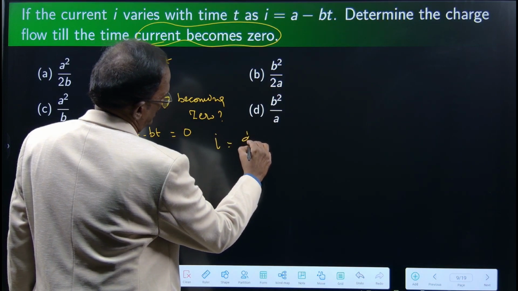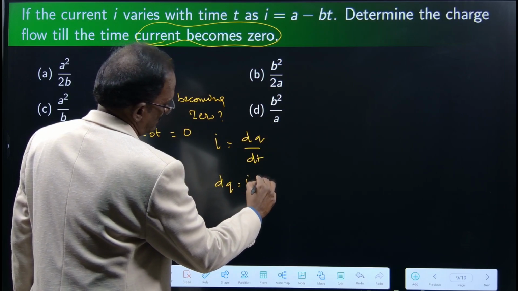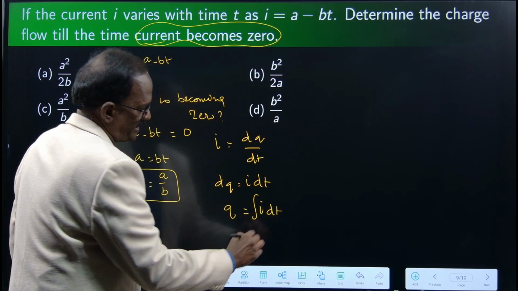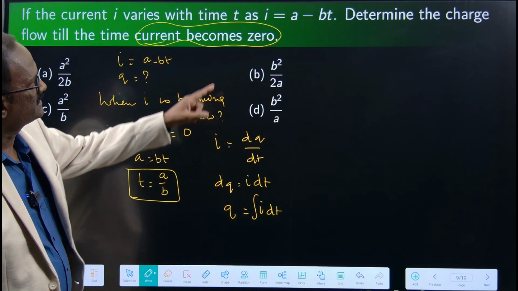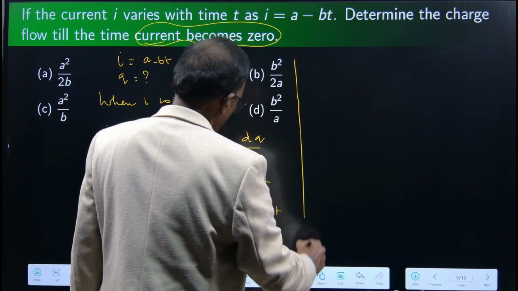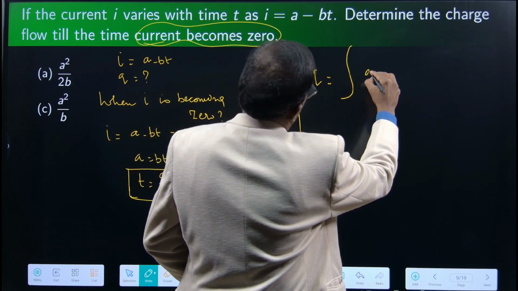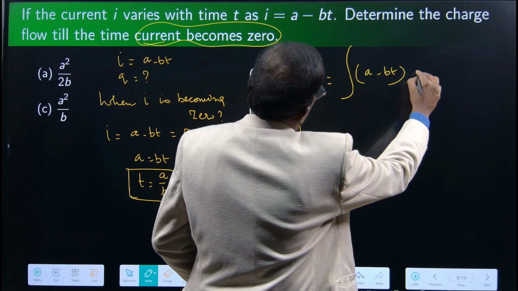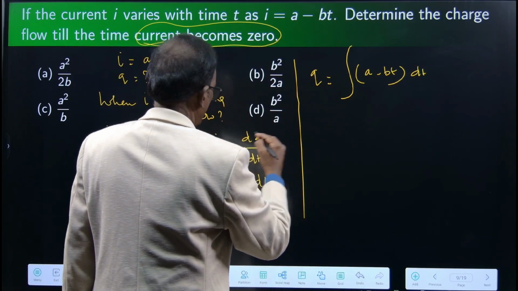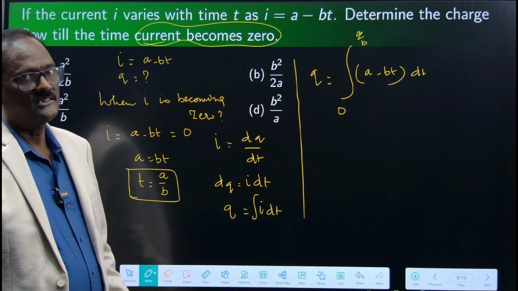I is equal to dq by dt. As usual, separate Q and integrate it on both sides to obtain this equation. I is given as A minus Bt, time 0 to A by B. Q is equal to the integral of I dt, and instead of I, I am writing its equation, with t from 0 to A by B. That is the time.